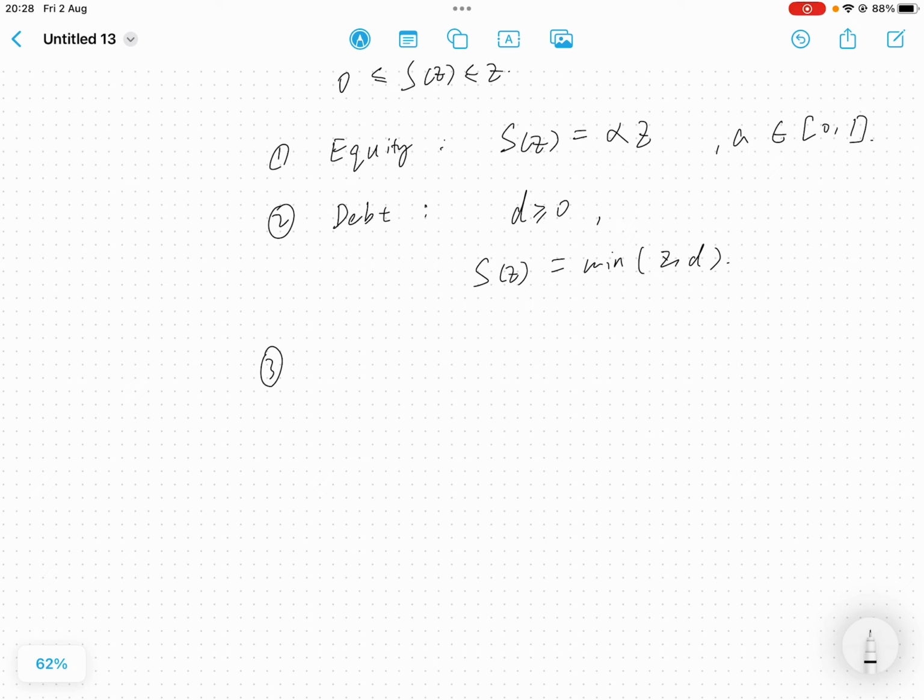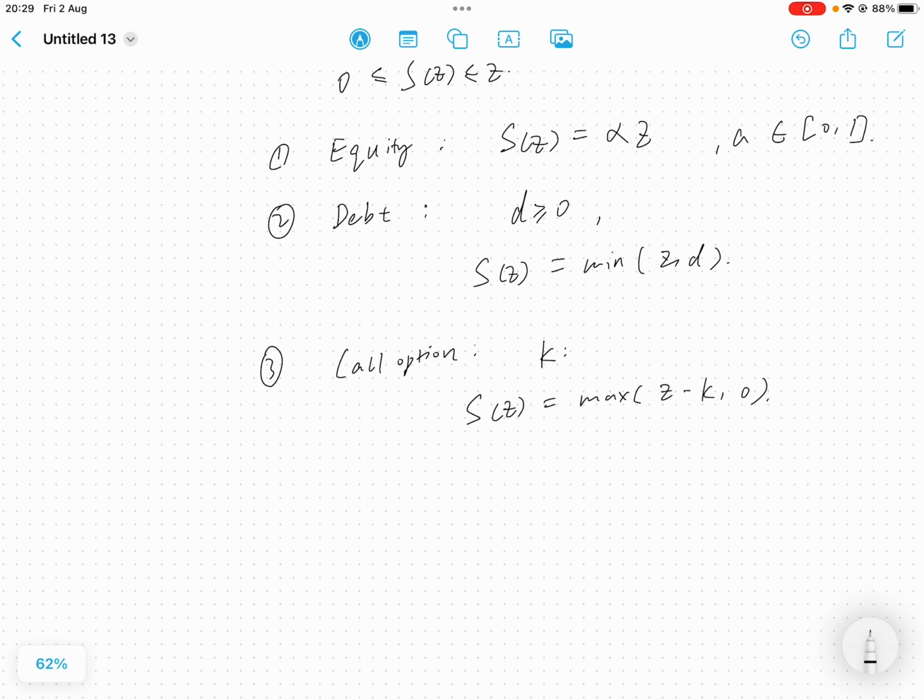There are also convertible debt and levered equity, and you can always refer to the paper. What we are also going to mention is the call option. The seller receives a call option on the firm with a strike price K, such that we define this call option as s(z) equals the maximum of z minus K and 0.